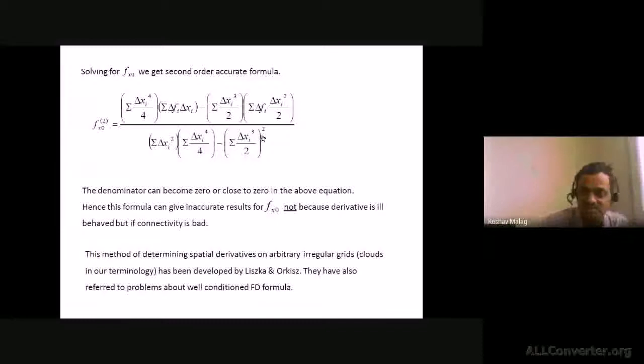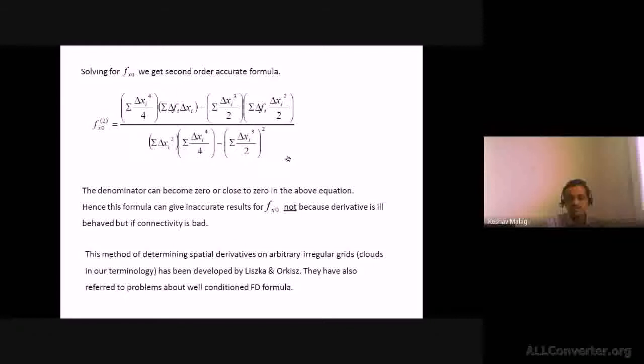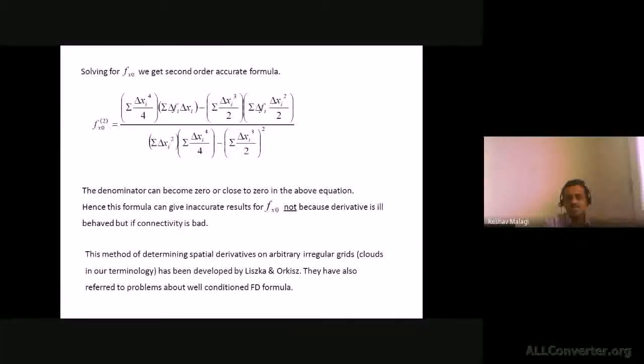So it will give a wrong result for fx, not because the derivative or function is behaving badly, but because your connectivity is bad. Because here we are not having any structure, the points can lie in any fashion. For some cases, this can go to 0. If it goes to 0, you will have an infinity problem.